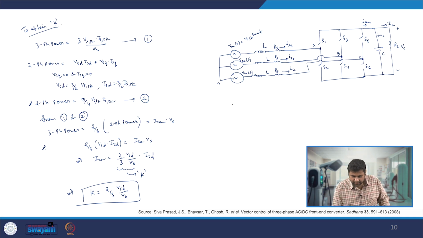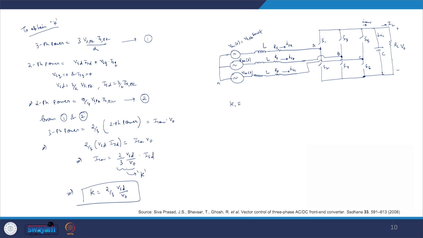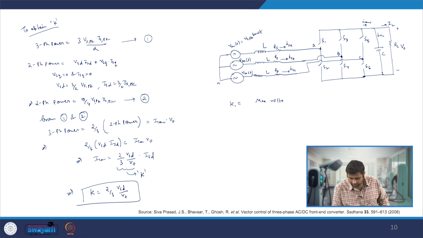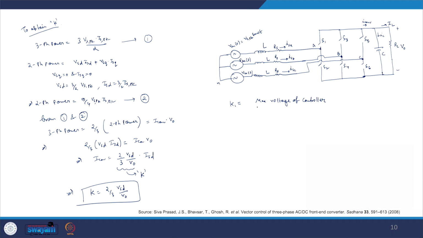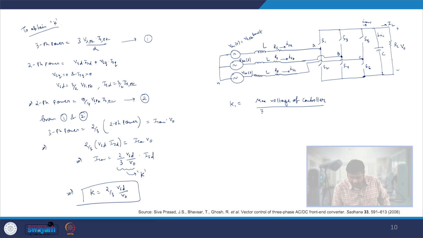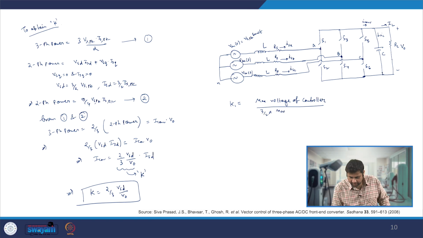Similarly, we can say our K1 value, which is the gain of the current sensor, is the maximum voltage of controller, or you can say that if it is 1 it is 1, if it is 3.3 it is 3.3, it all depends upon that, divided by 3 by 2 times maximum value of supply current.